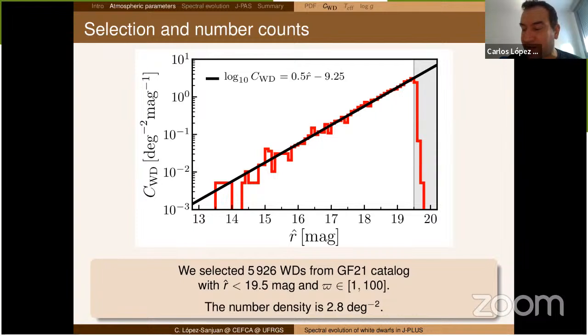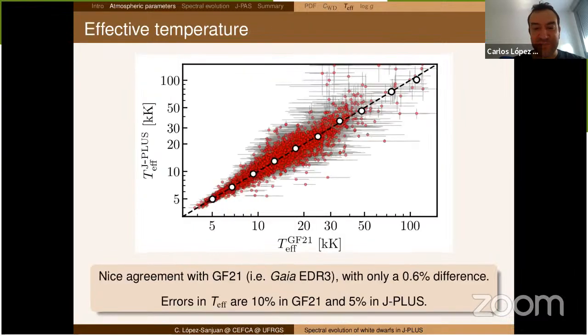So as you see, they are a sparse object, only 3 in 1 square degree. This is why large area surveys are very important to study white dwarfs. And this is why J-PLUS, when you combine Gaia, that is all sky, with J-PLUS, in this case, we can have large samples to study white dwarf populations.